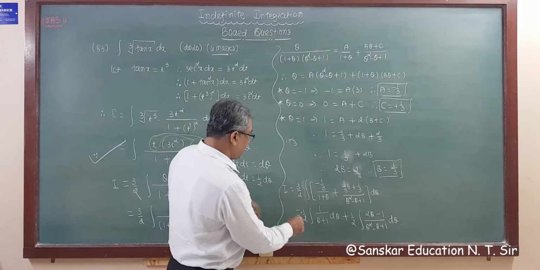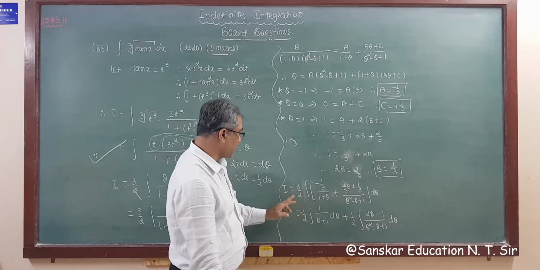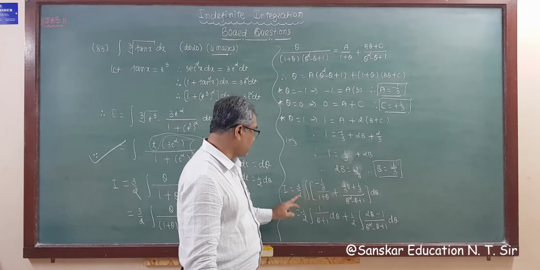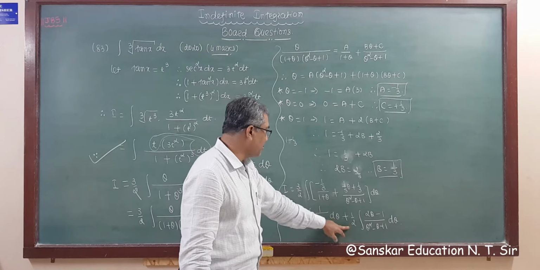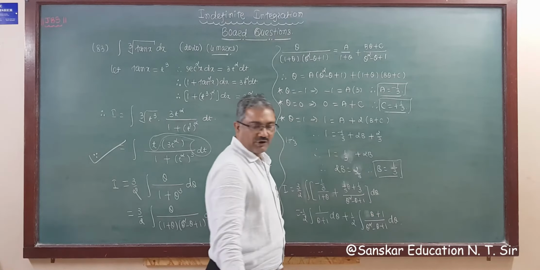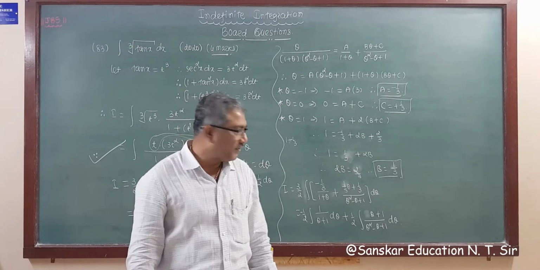So if we multiply, we get minus, that is okay. Now taking 1/3 common, 3 cuts, 1/2 as it is. So we get theta plus 1 here only.